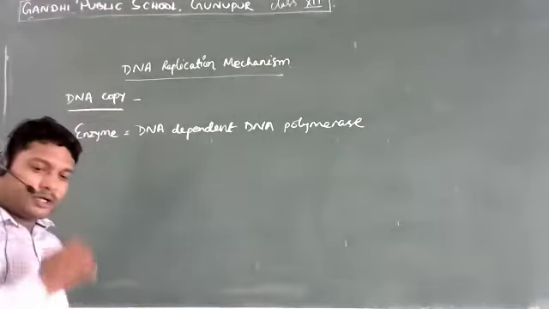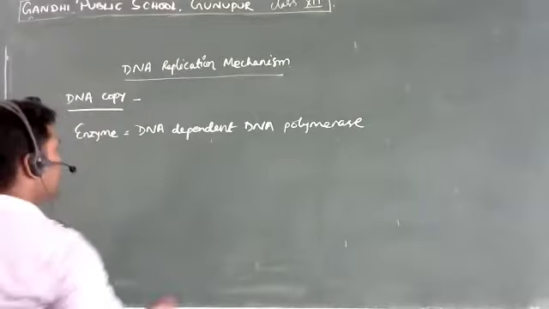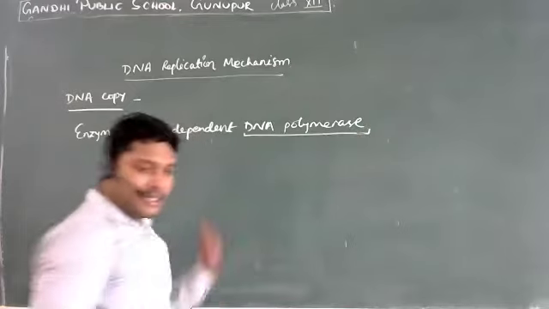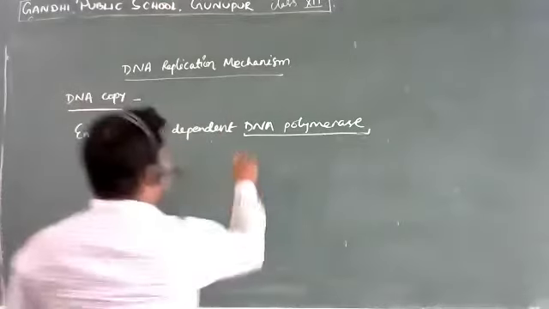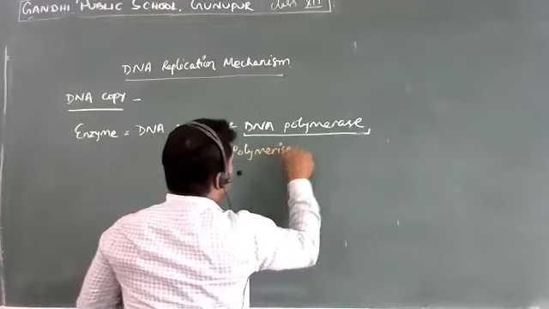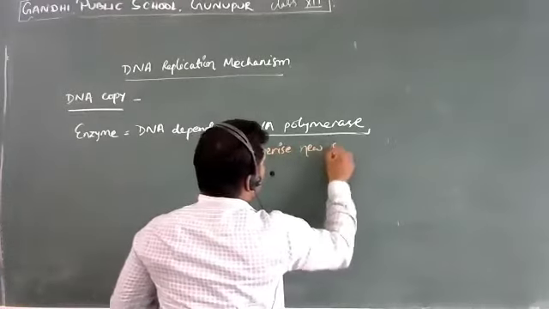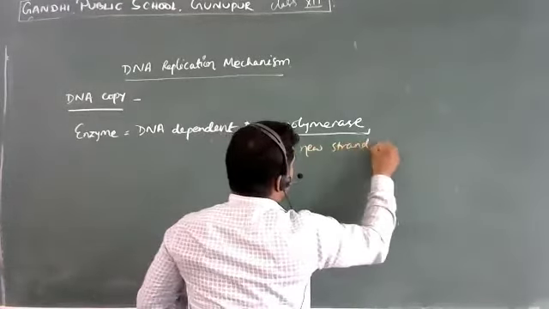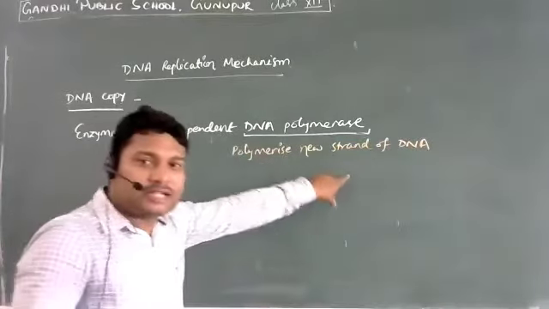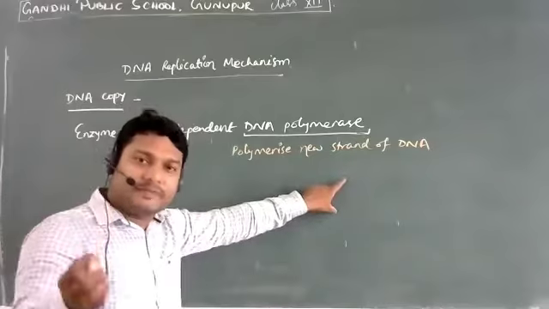Now, why do we call it DNA dependent? Because this DNA polymerase, as the name suggests, is going to polymerize a new strand of DNA. When it is going to polymerize a new strand of DNA, there has to be a certain base, right?